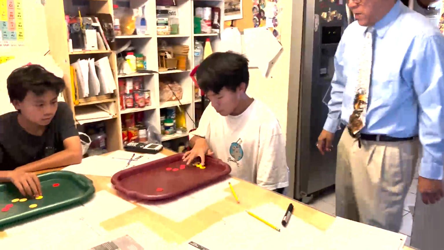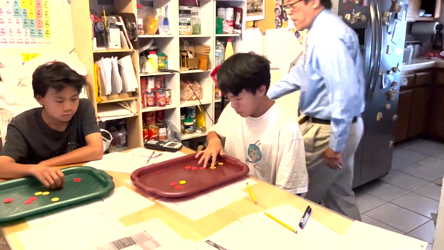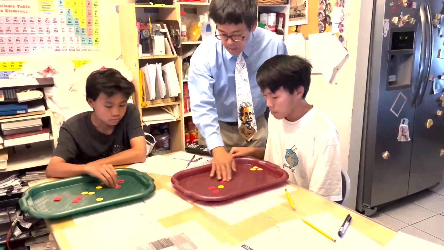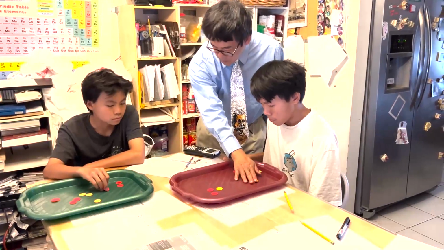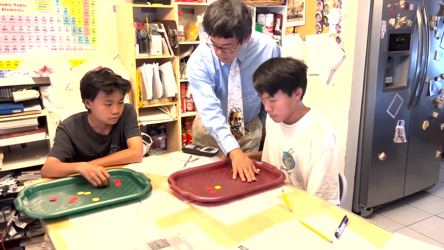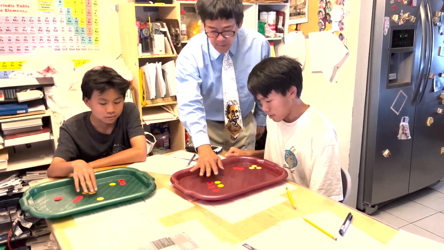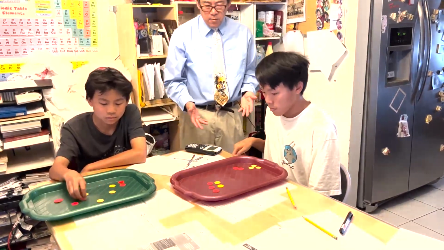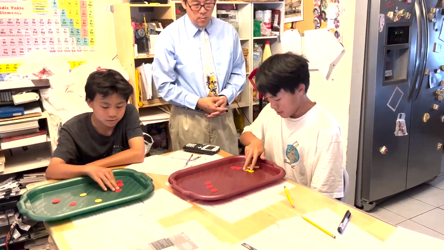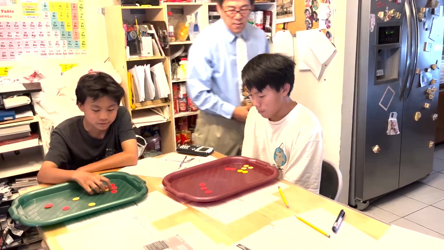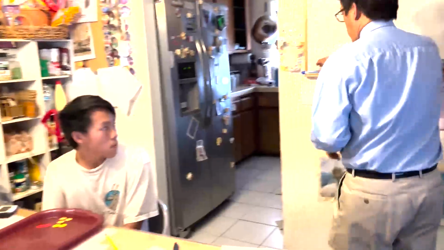Let's add 0 pairs. Now here, can we take away 2 positives? No, so what do we do? We add another 0 pair. Yeah, that's what you're doing, Colin. See that? Now can we take away 2 positives? Yes. And what do we have left? -3. So let me do this on the board.